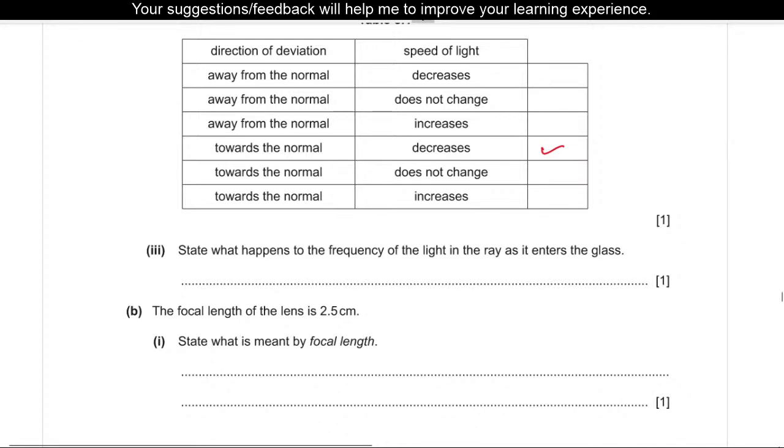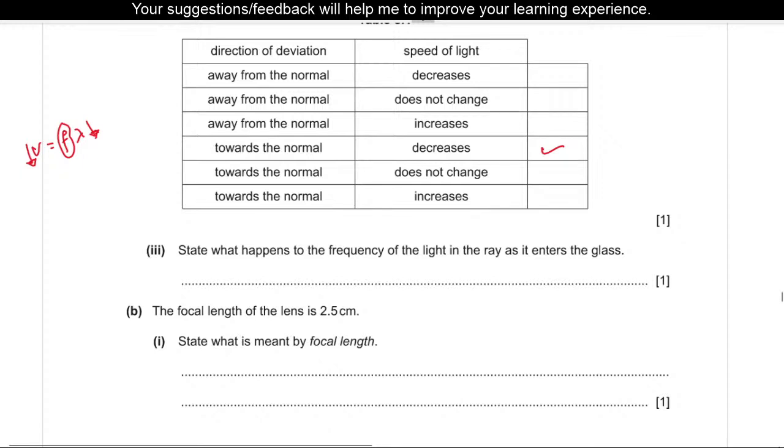No, frequency does not decrease as speed decreases. v is equal to f lambda. Now whenever velocity decreases, it is the wavelength that decreases. Frequency remains constant. Frequency does not change when velocity changes. Frequency depends upon the source.